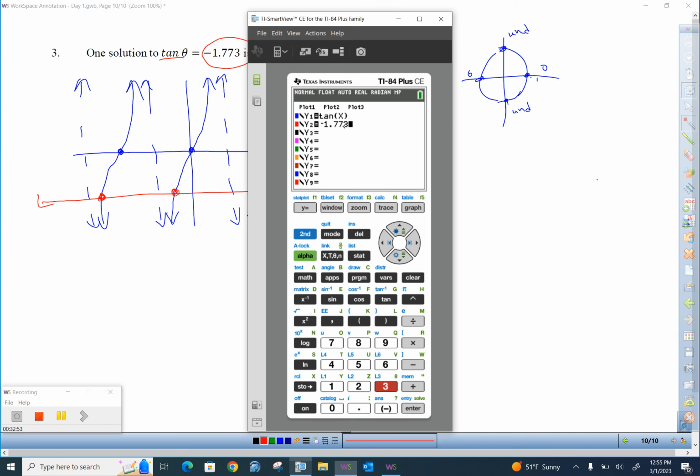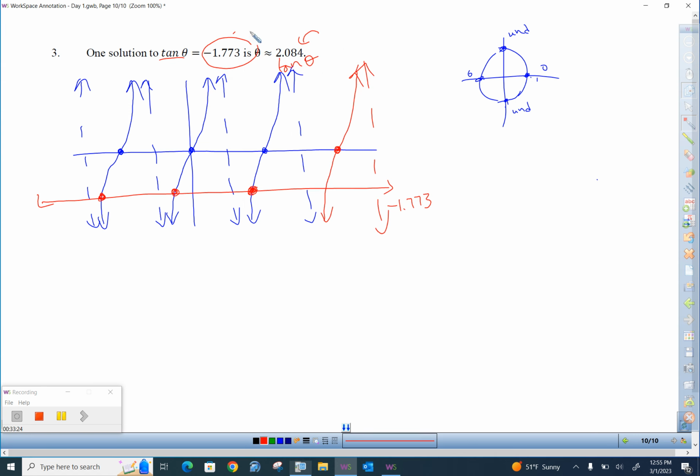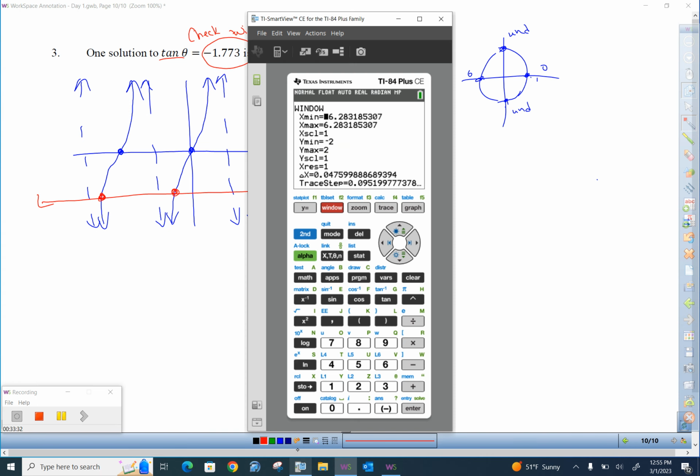So you may have to change your window on these ones to be more than 2 or -2, depending on what your value is. Okay, so I'm going to make a little note here. Window may have to be changed for that. Okay, this one it's fine because we already have -2 to 2, and we can hit graph.